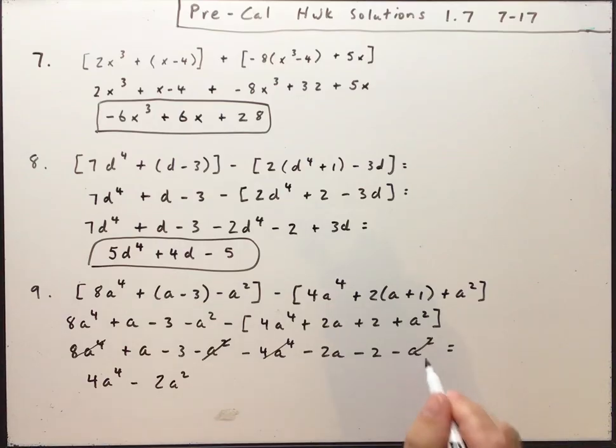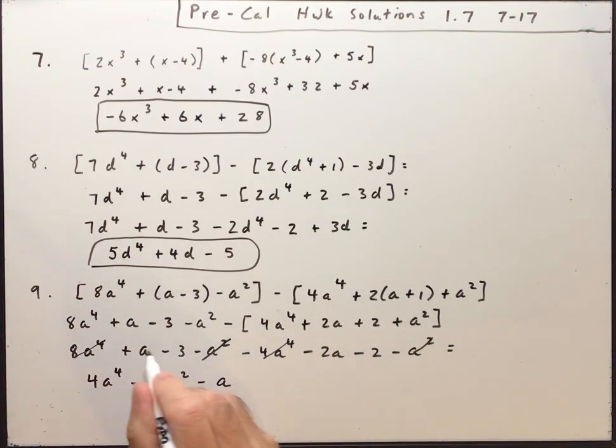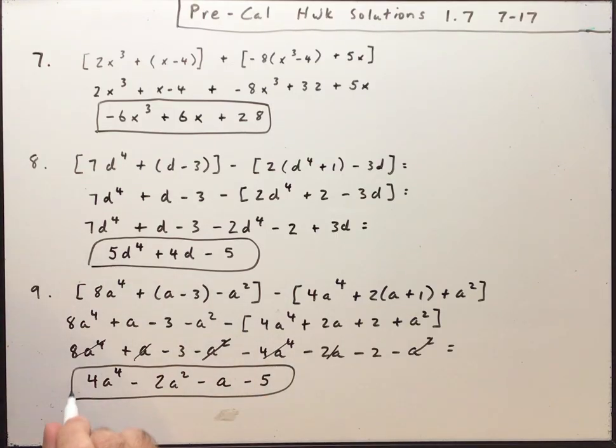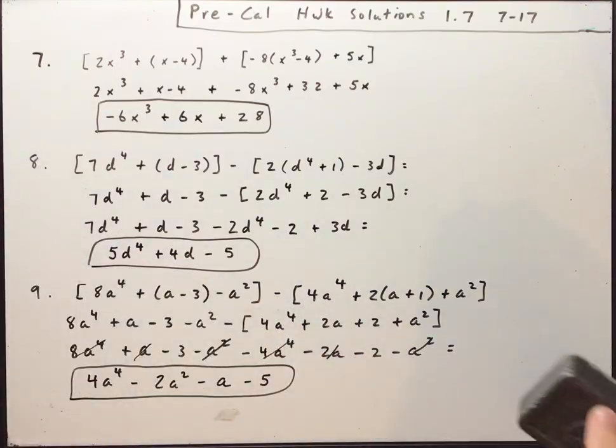So I'll cross out those a squareds. A and negative 2a would be minus a. And then negative 3, negative 2 would be minus 5. So 4a to the fourth minus 2a squared minus a minus 5. All right, so far so good.